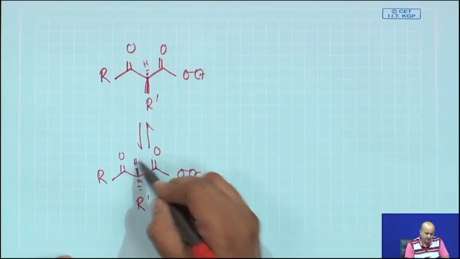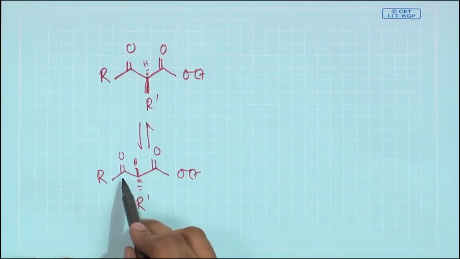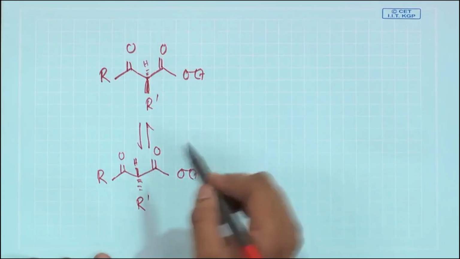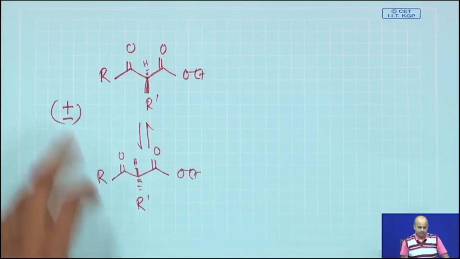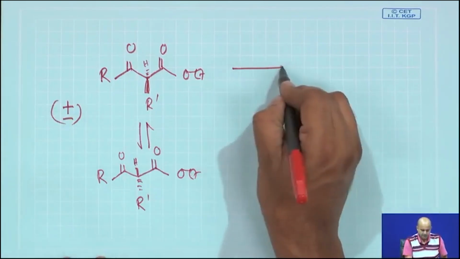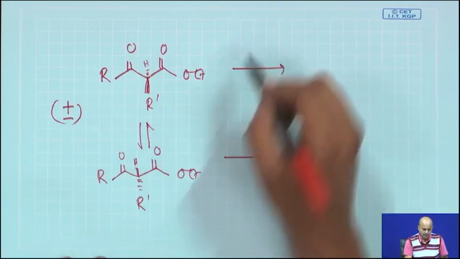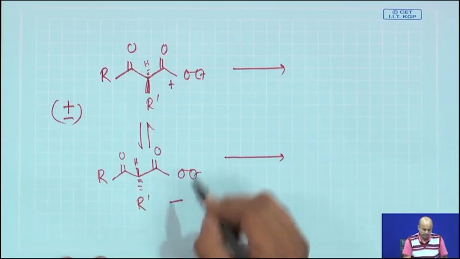In reality, probably you just need to keep those substrates, and they will epimerize instantly, because the epimerization is driven by the high kinetic acidity of this compound. If you take a racemic mixture of this compound, plus and minus, and in our chiral environment only the plus isomer reacts, this is the plus isomer, this is the minus isomer.